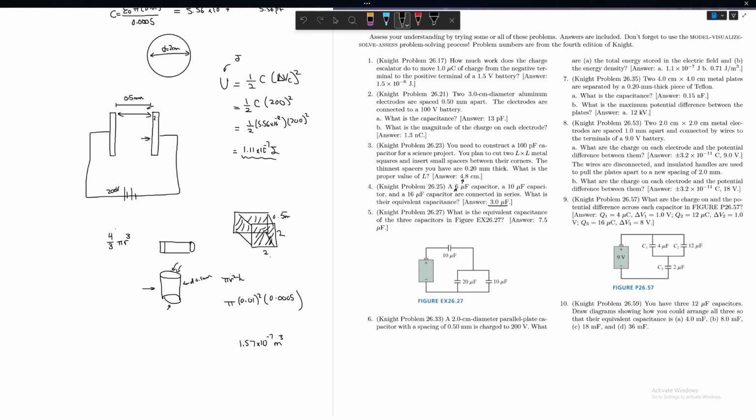And now we have this many joules for this much. So what's the density? Divide one by the other. If I take the division of 1.11 times 10 to the negative 7 divided by my volume, I have this many joules per this much space.